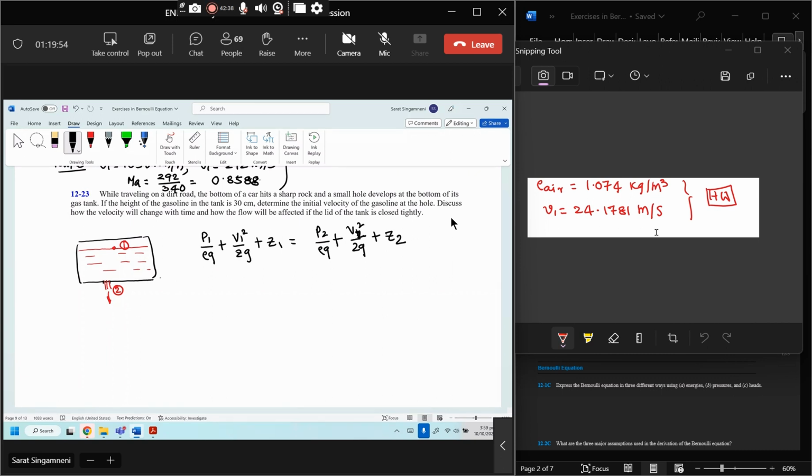And the height difference between these two is given as 30 centimeters, which will become 0.30 meters.